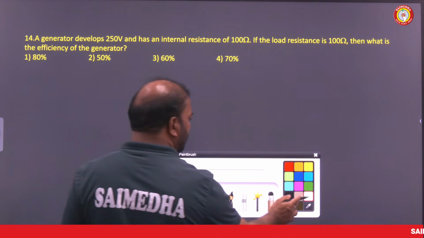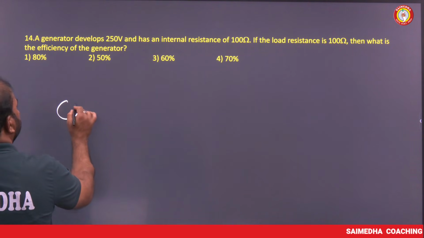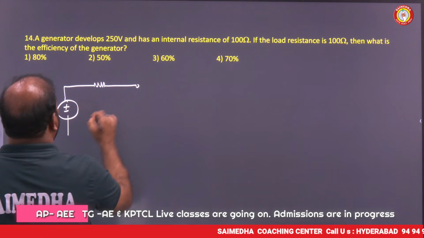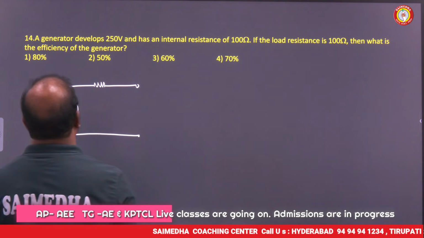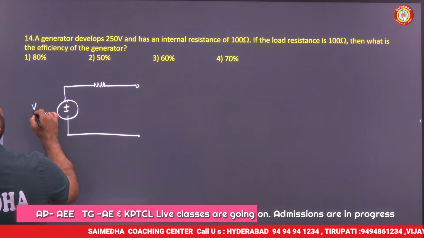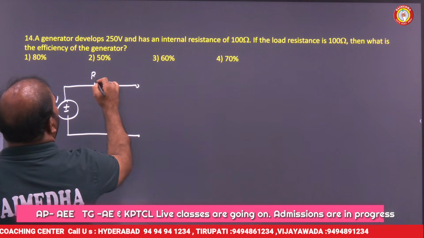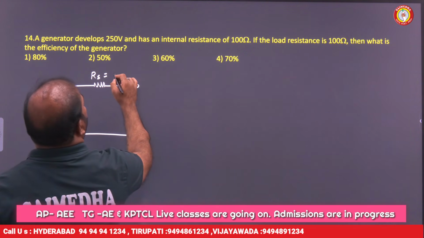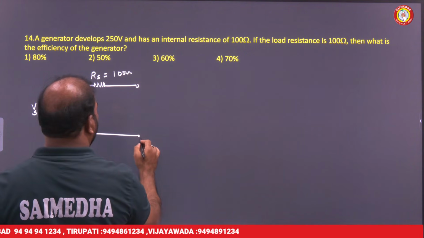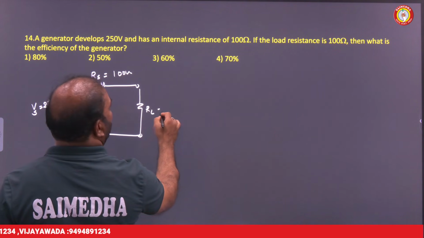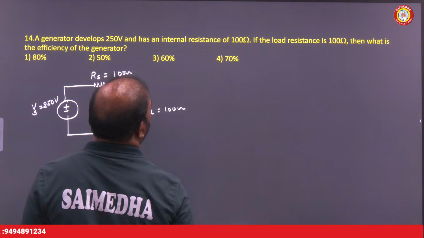So if you consider this, this is the generator voltage Vs equal to 250 volts, and Rs is equal to 100 ohms. Here is a load resistance, RL equal to 100 ohms.